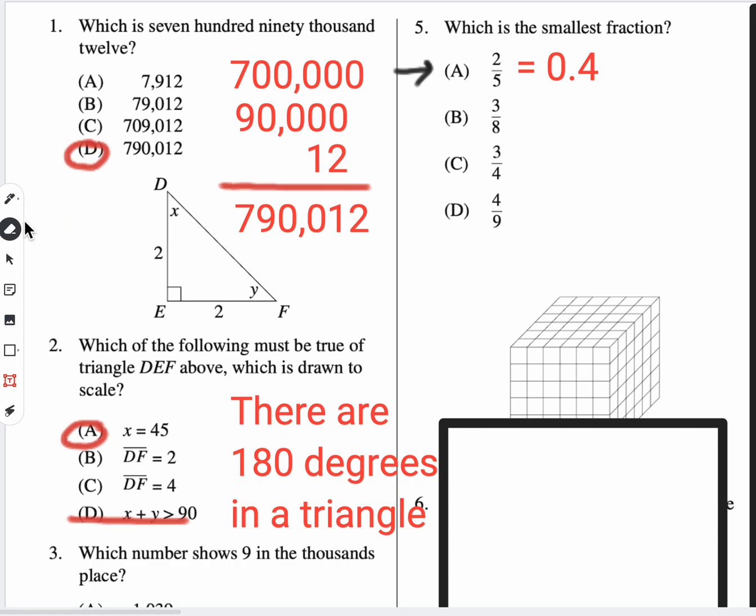And let's apply the same method to the rest of our fractions. For example, 3 divided by 8 will get us 0.375.